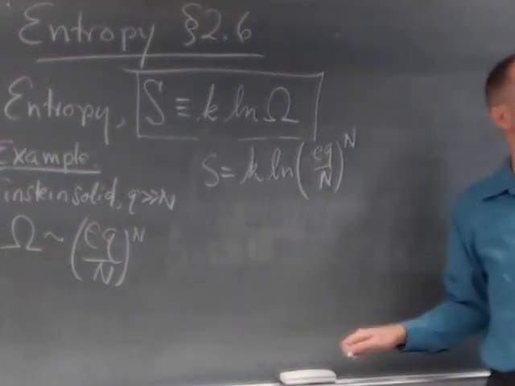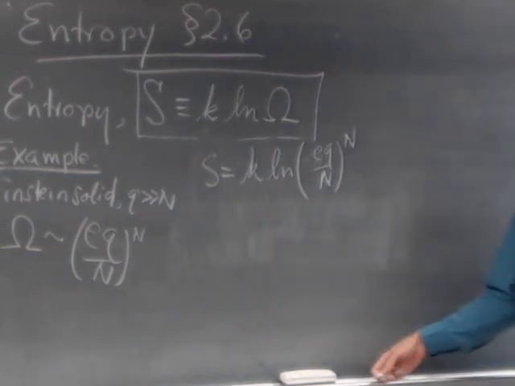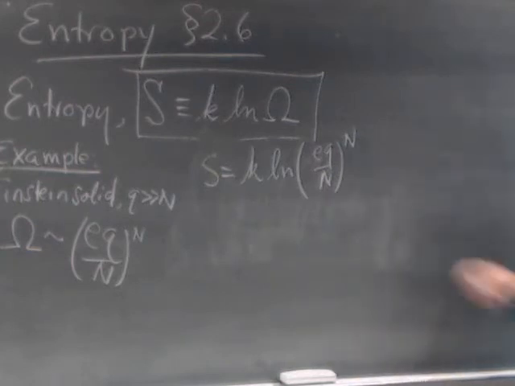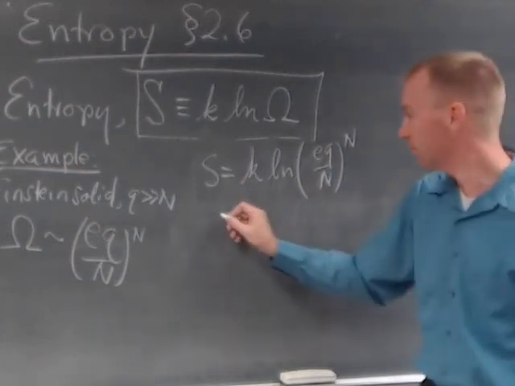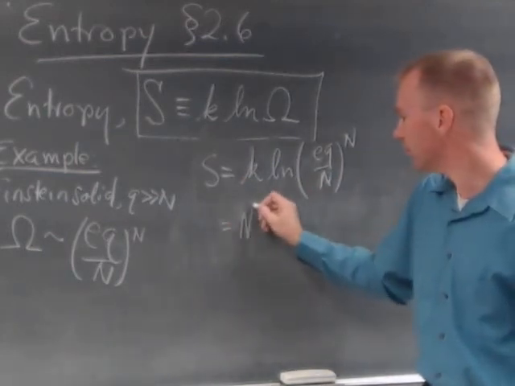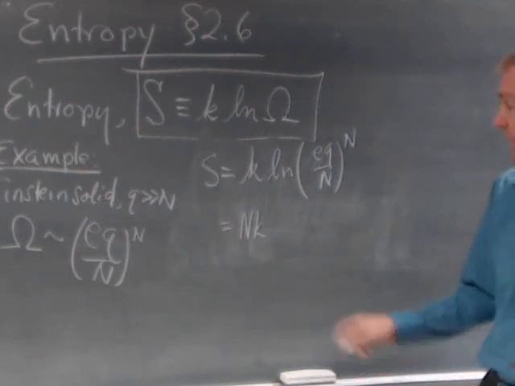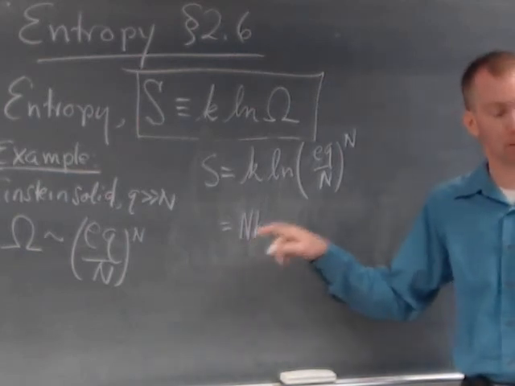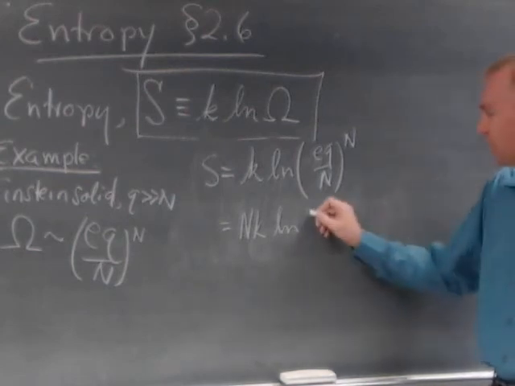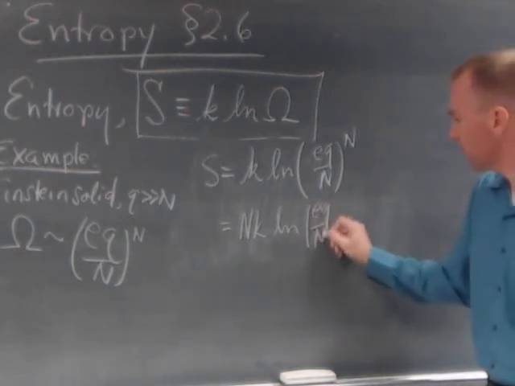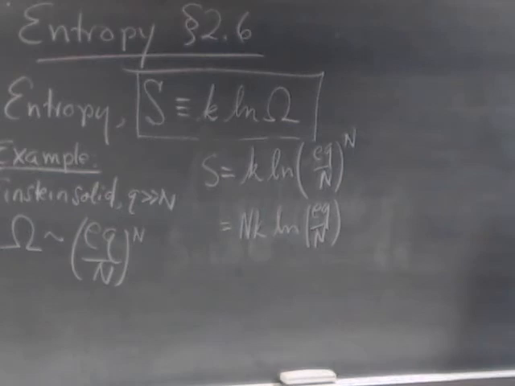What's the first thing I should do with this? Take that exponent and multiply it out front of the natural log. Nk, and you're going to be seeing a lot of Nk multiplied together, times the natural log of eQ over N. Now what do you do?